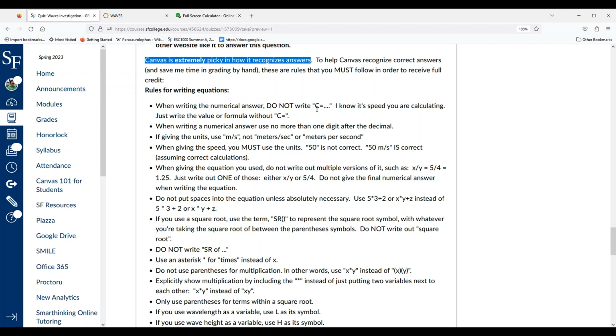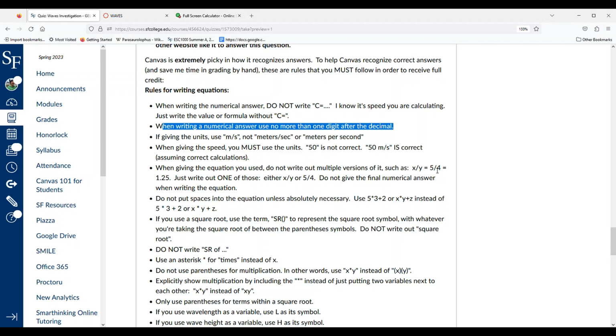First of all, you don't need to write C equals. I know you're calculating your speed, so just leave that out when you're writing down an answer or an equation. When you're writing down a numerical answer, a lot of times when you make a calculation, you'll have a huge string of digits after the decimal. They're not important.